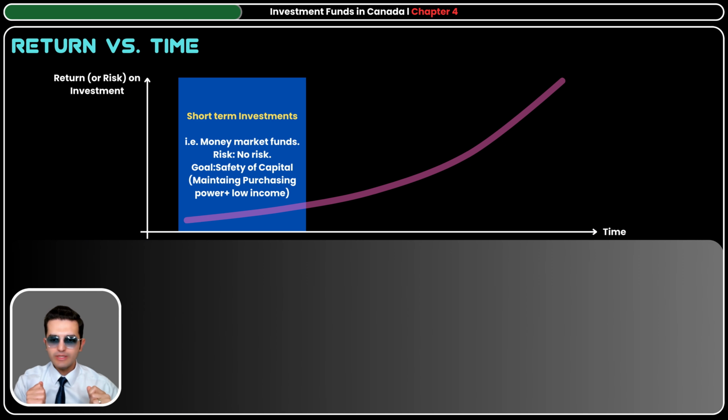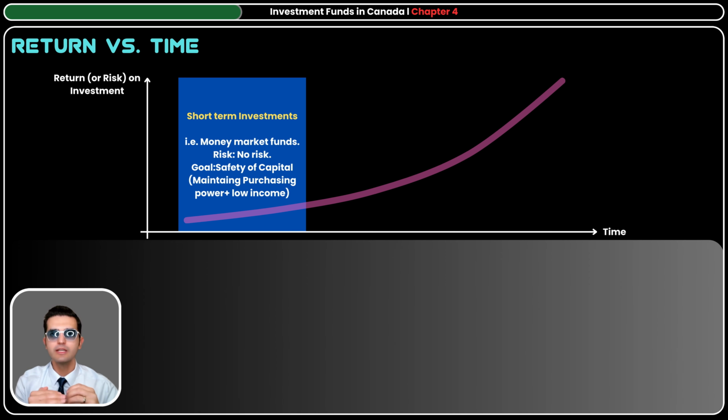So when you invest in money market funds, which is only 1 year, you should not expect that much return, okay? The good point about short-term investments, one of which is money market funds, is that there is no risk involved with them, okay? No risk, but lower return.